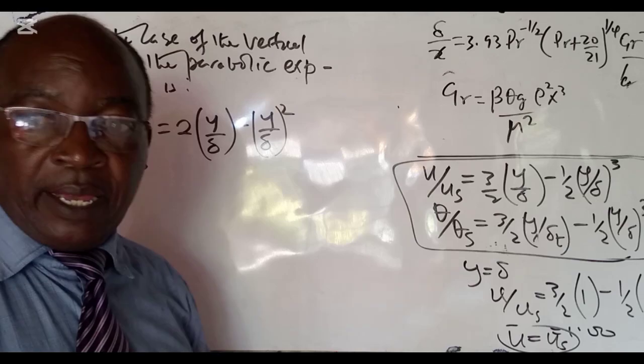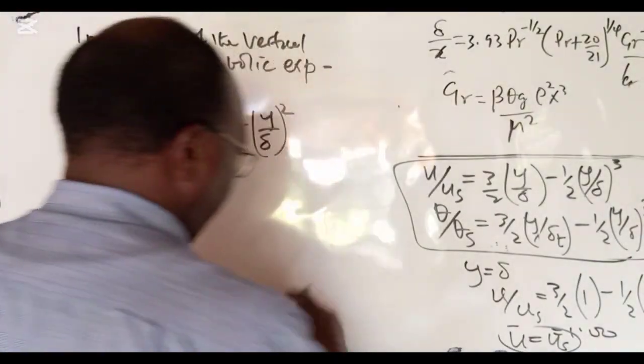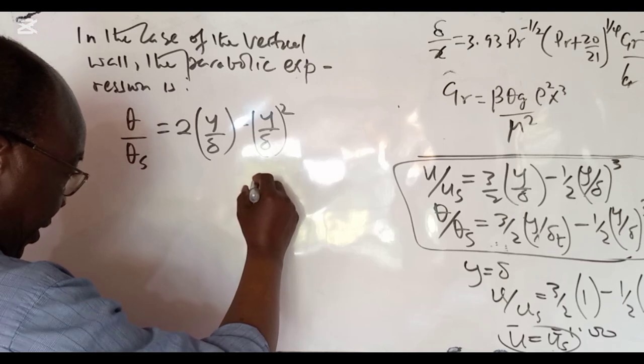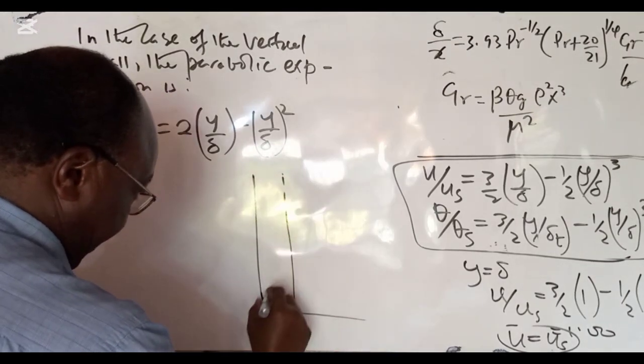Sigma is just the boundary layer thickness. Don't forget the boundary layer thickness. So we have that case of ours. Just don't forget, we have our boundary layer thicknesses.